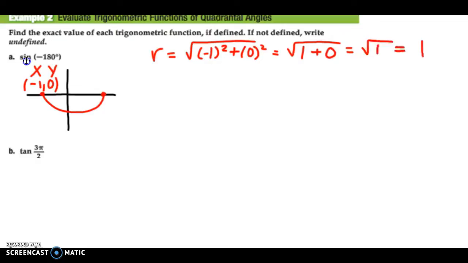So my r is also 1. I know my x is negative 1, my y is 0, and my r is 1. We need to find the sine of theta. Remember, sine of theta is always y over r. My y value is 0, my r is 1, which reduces to 0.